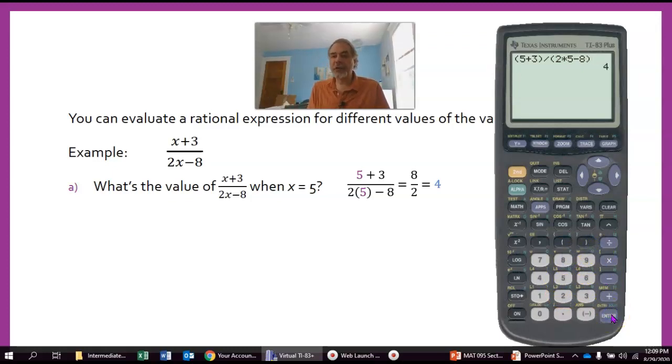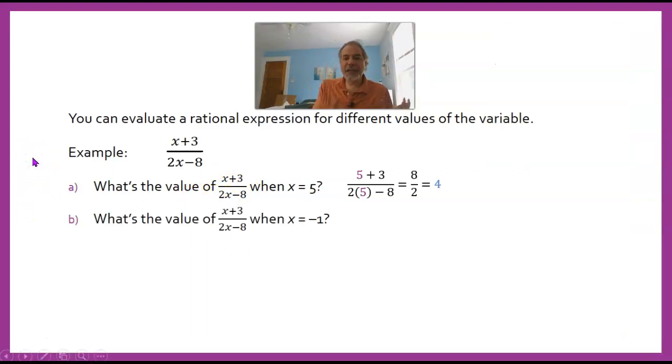And yeah, the calculator tells me that's 4. If I left out the parentheses, 5 plus 3 divided by 2 times 5 minus 8, that's not going to come out correct because the calculator is going to do the division before the addition or subtraction, which is not what we need. We need the result of x plus 3 divided by the result of 2x minus 8.